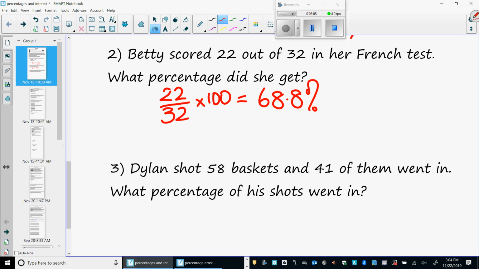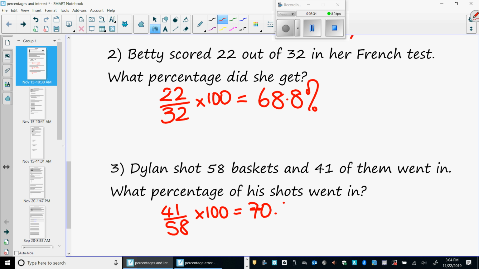Dylan shot 58 baskets and 41 of them went in. What percentage of his shots went in? What do I do here? 41 over 58. So it'll be 70.6 recurring, 8, 9. I got a different answer. You did it out of 52, not 58. Okay, I got it right then. So 70.6 recurring. Where's the 8 come?